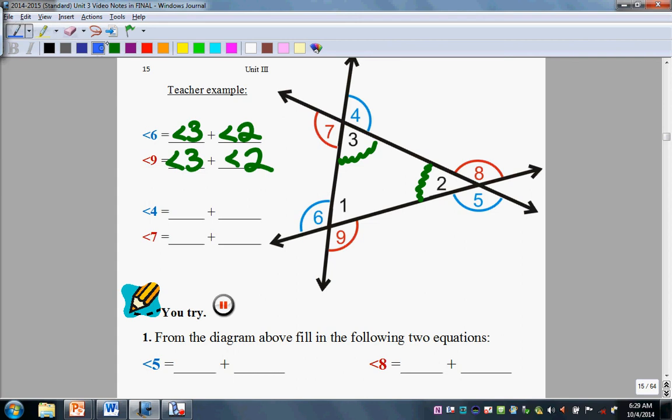Let's try another one. I'd like you to sweep angle 4. Notice 3 can't be in there anymore because it's no longer remote. It's adjacent. So ask yourself which two angles are far away but still inside the triangle from 4. And that's going to be angles 1 and 2.